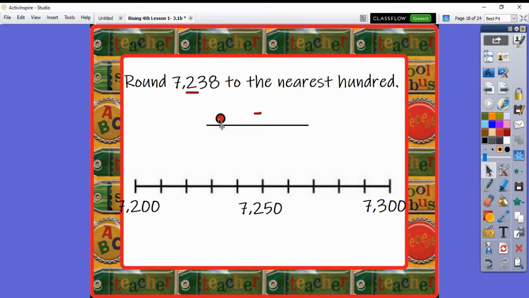And then I need to think about, is this number less than or greater than my midway point? And I know that 7,210 would be here, 7,220, 230, 240. So 7,238 would be about right there. So I can see that it's closest to 7,200. There we go.